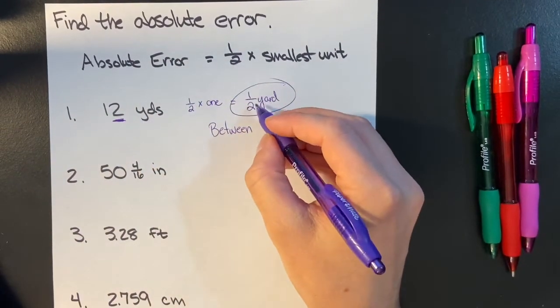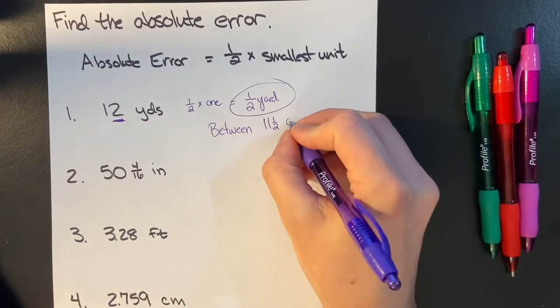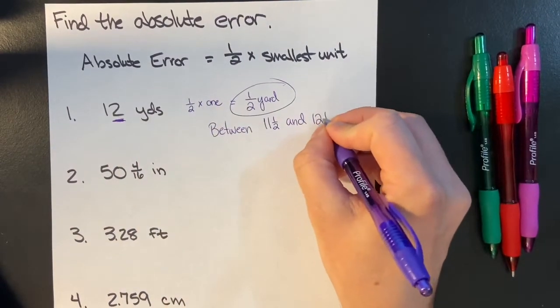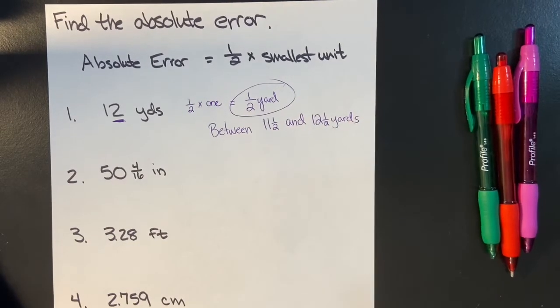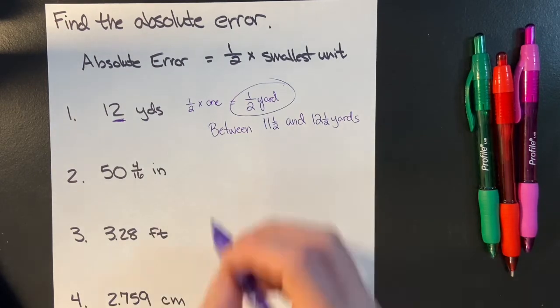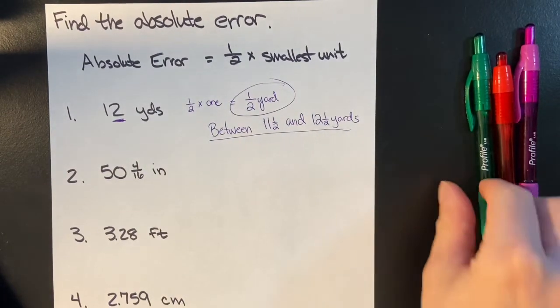So take away a half from 12 and you get 11.5. And half a yard bigger than that, which is 12.5. So if I was asked to find the exact measurement, my exact measurement would be in between 11.5 and 12.5 yards. And that's what absolute error means.